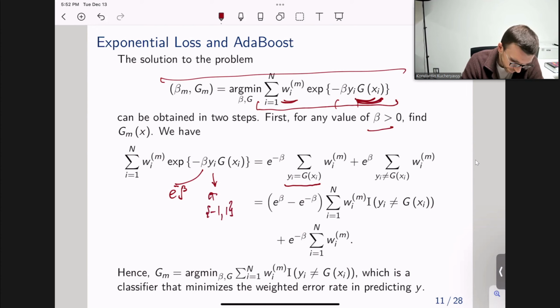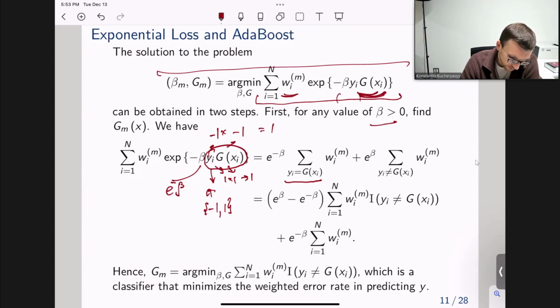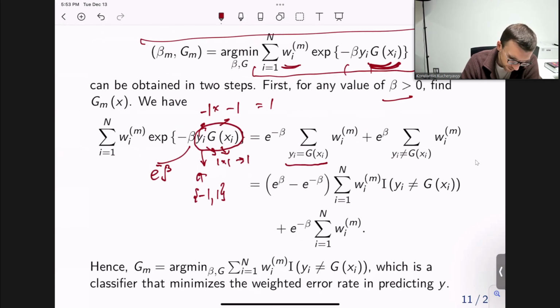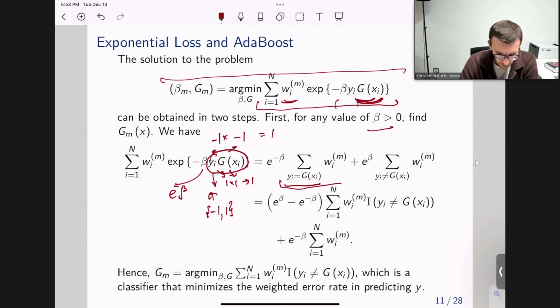Then if we get minus 1, minus 1, their product will be 1. Similarly, if we get 1, 1, their product will be 1. So if we are correctly classifying, then the product of y_i and G will be a positive value, so we can bring all such correctly classified values into one sum.